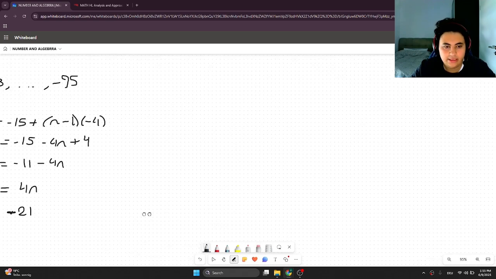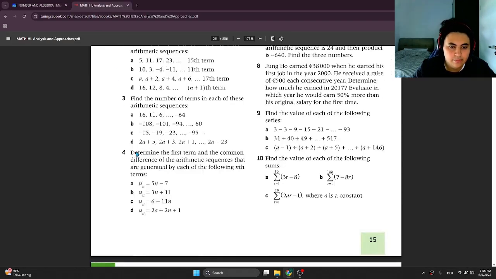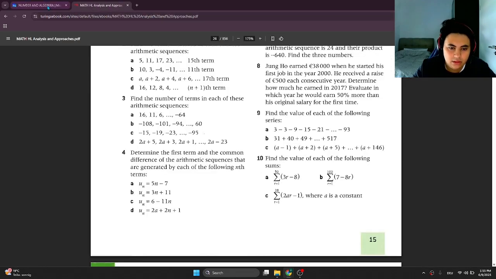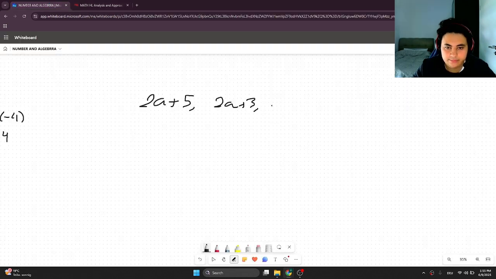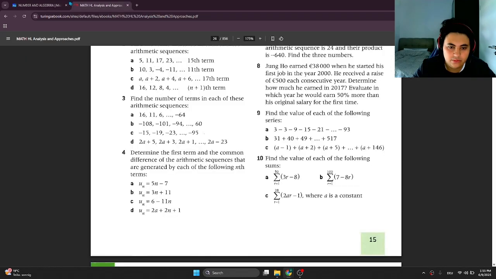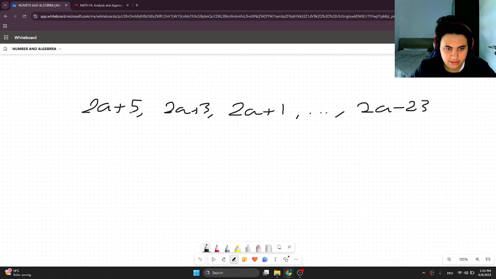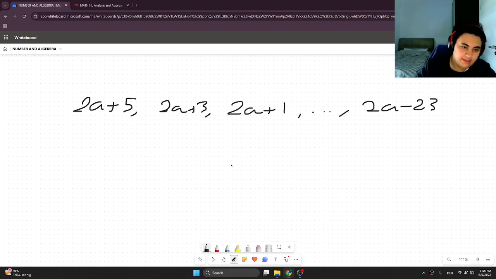Okay, cool. And now the last and final one: 2a plus 5, 2a plus 3, 2a plus 1, and then the final term is 2a minus 23. We can see from this that the sequence is descending, so we're going to have a negative common difference.